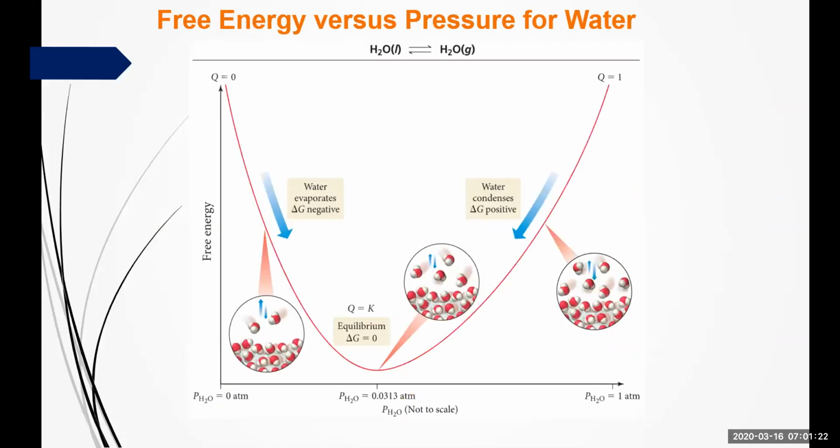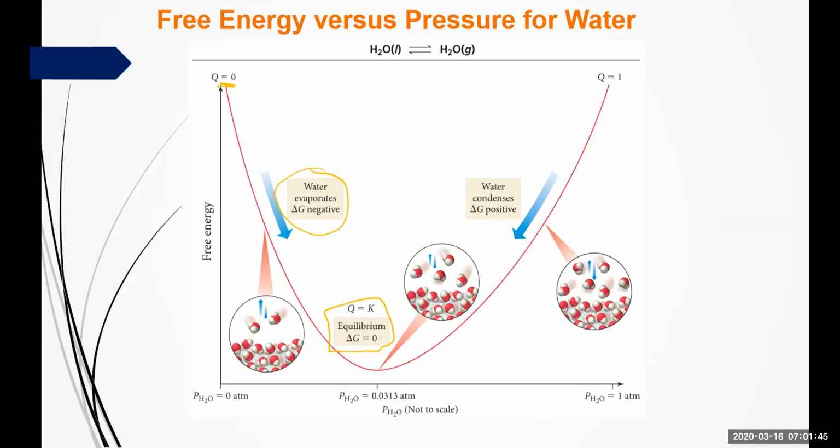And so this is kind of a visual diagram of that process, right? When our Q is close to 0, it means that we're very reactant heavy, which means that we need to shift towards making our products. And so if we need to move forward, then our delta G is going to be on the negative side. When we get to equilibrium, our free energy is going to be equal to 0, right?